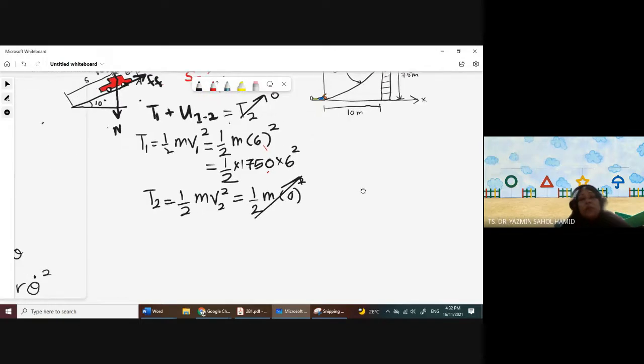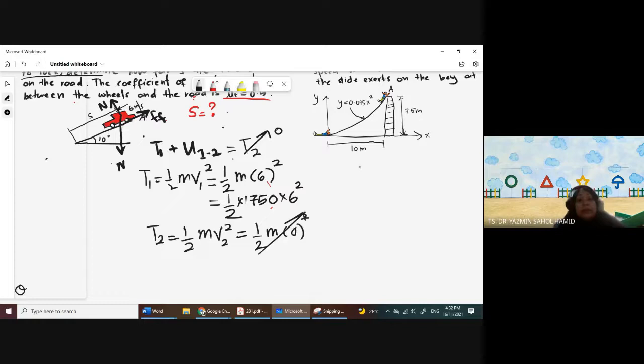So what is your work? Now you have to look at the work. The work must be in the direction of the displacement. So if you need to resolve, you need to resolve in that direction also. What kind of work do you have?